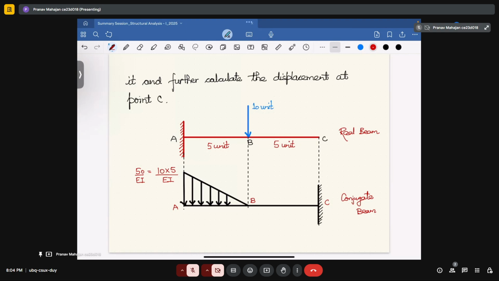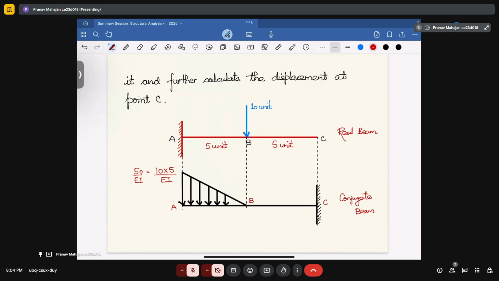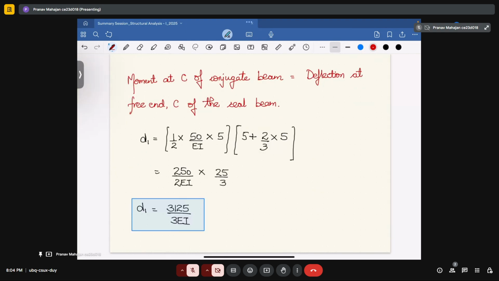In this case, the moment that comes out at point C will become the deflection for the real beam. So we will calculate the moment about point C, and that will give you the deflection at the free end. How do we determine it? We take all the loads multiplied by their corresponding moment arms, and from that we get the value equal to 3125 upon 3 EI.